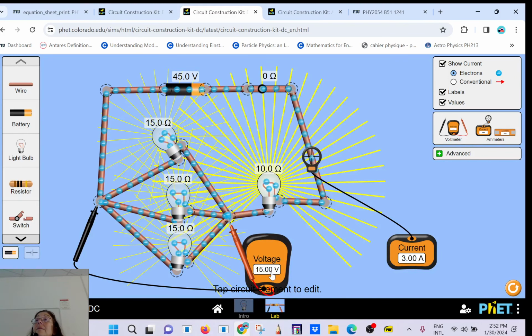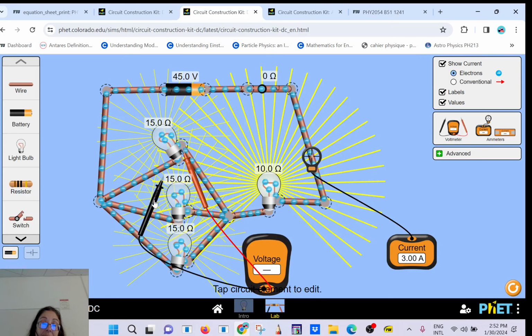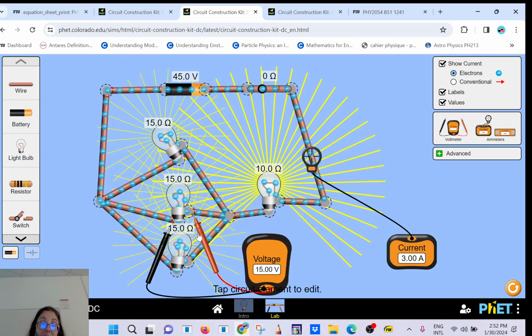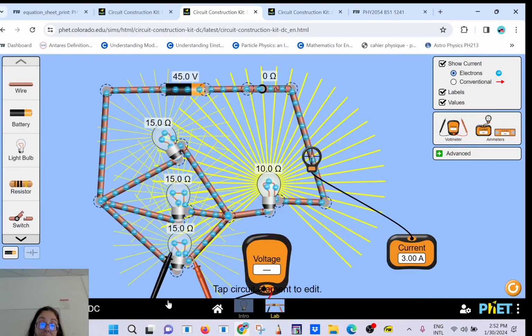Okay, is that clear? So you see, when you have a circuit in parallel, all the branches have the same voltage drop. You see here it's going to be 15, and here it's going to be 15, and here it's going to be 15.